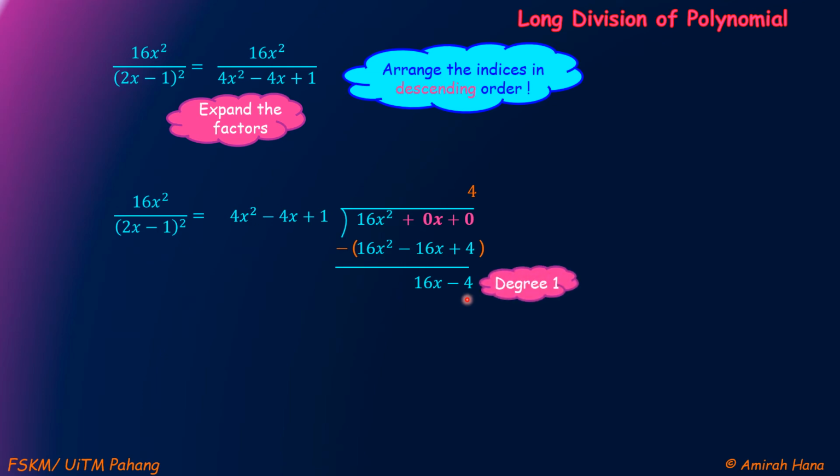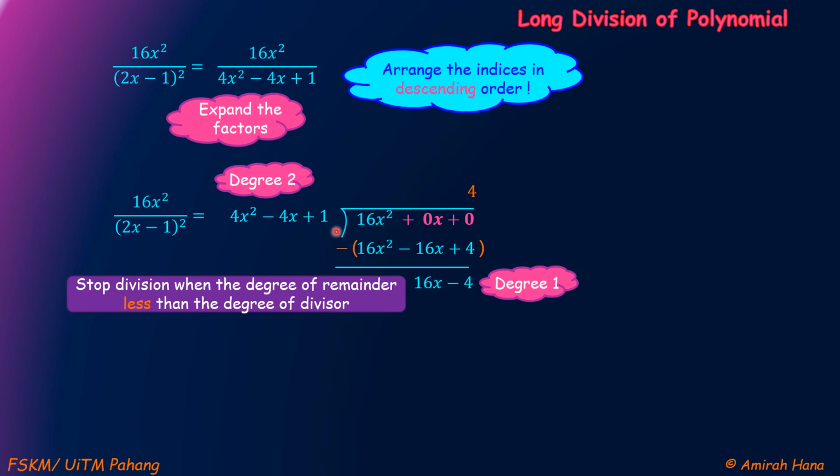After that, we check the degree of the last row here. Now we have degree 1, and the divisor has degree 2. We stop division when the degree of the remainder is less than the degree of the divisor.